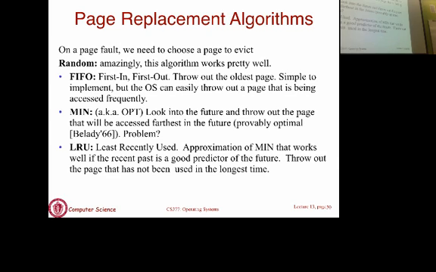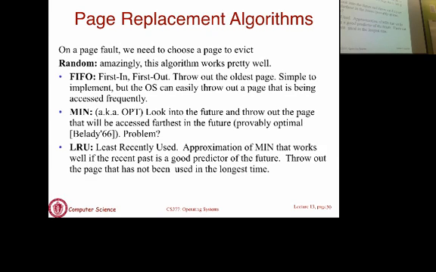Now if you have a page fault and you need to bring a new page, you throw the oldest one out. That's first come first serve, or FIFO. That's the order in which you brought them in. So you look at all the timestamps, pick the oldest timestamp, that's the oldest page. That's the page that was brought in first. That's the one that's going to be evicted. Okay, so that's FIFO. Is that clear?